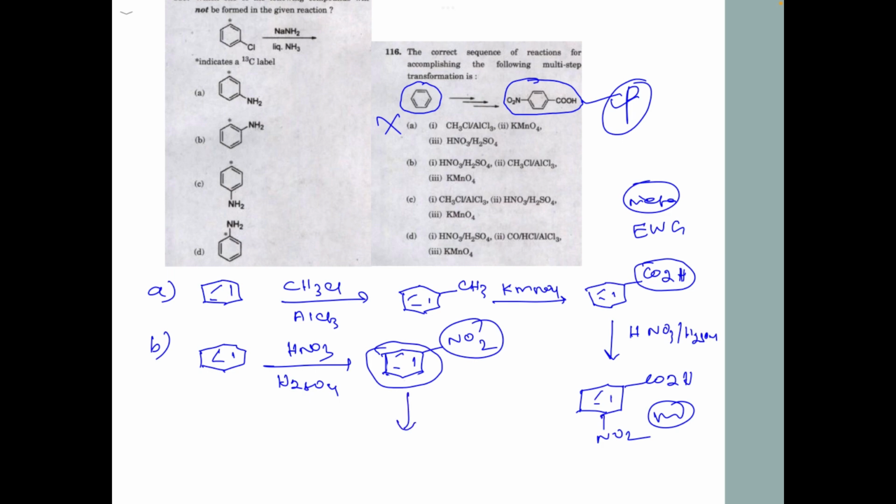With this deactivated benzene molecule, if we do Friedel-Crafts alkylation, that reaction won't occur, so we can't do the oxidation reaction also. This is the limitation of Friedel-Crafts alkylation: we can't do the alkylation with a deactivated molecule. So option B is also not the answer.